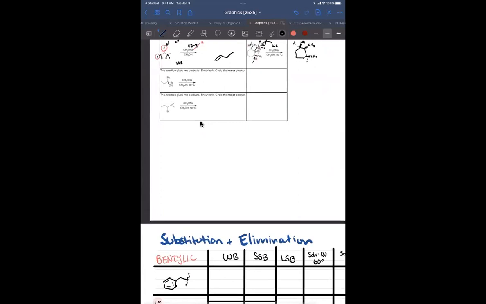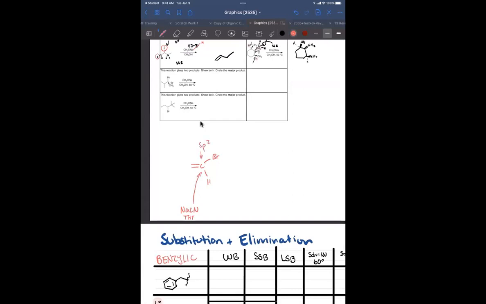Because if you look at an sp2 carbon right here, this is what he was talking about in class, sp2, like let's do Br, H. Well, if you had a weak base, like let's do NaCN, and then THF. NaCN. There's no backside attack because that's sp2, not sp3.